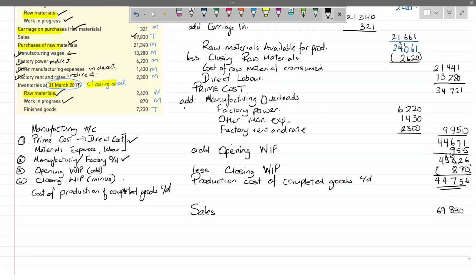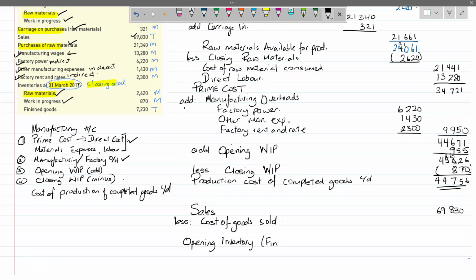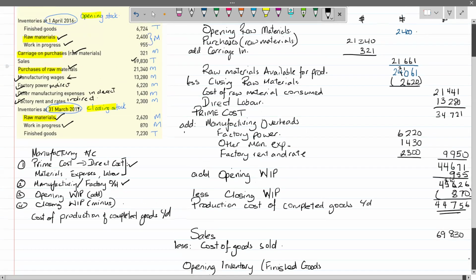And you know what we have to do? We have to subtract cost of sales, or cost of goods sold. At the very simplest, it's going to be made up of opening inventory. And the inventory we're talking about here is finished goods. So that's up at the top here.